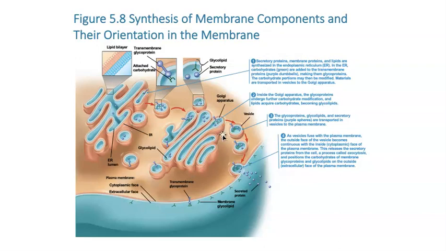And when it buds off a vesicle, that vesicle might fuse to the plasma membrane. And when it fuses to the plasma membrane, it's going to release its contents. But you can see that the inside of that membrane, which looks more blue, is now the outside of the plasma membrane. And that is in part how our cells figure out inside from outside, how they get put the way they get put.